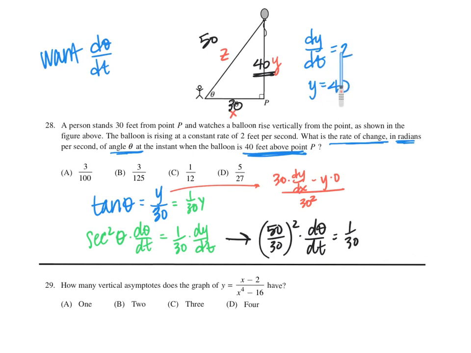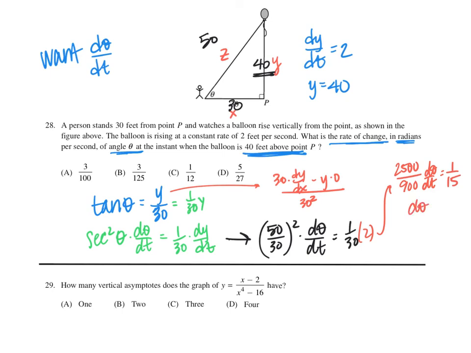They told us our dy dt was 2, so I'm going to go ahead and plug in a 2 there. We're going to get some algebra heavy numbers here. All right, so 50 squared is going to be 2,500, 30 squared is going to be 900, times d theta dt. 1/30th times 2 is 2/30ths or 1/15th.